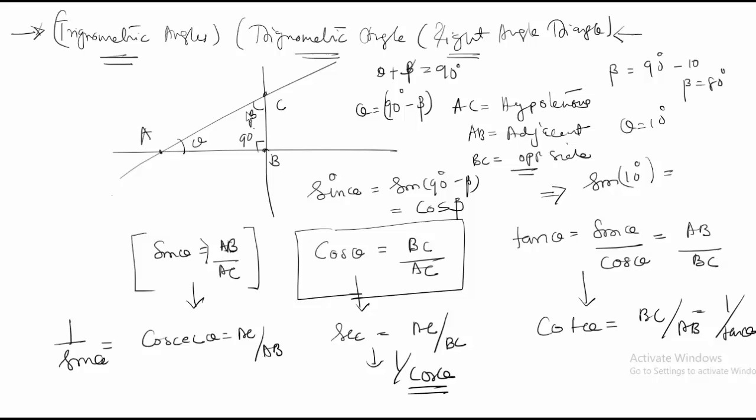So sine of 10 is equal to sine of 90 degrees minus 80 degrees, which is equal to cos of beta, which is cos of 80 degrees.